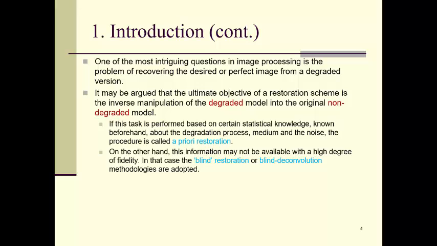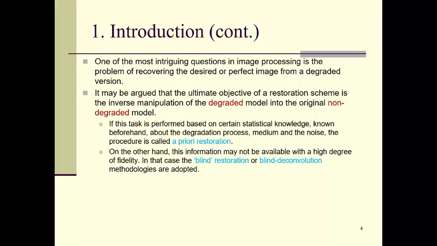So here we say that we need to make some sort of inverse manipulation, okay, which is the deconvolution operation, okay, of the degraded model into the original non-degraded model. So if this task is performed based on certain statistical knowledge known beforehand. What do I mean by statistical knowledge here? If you remember the function, we have said that this function is a function in m and n, and something called theta, which can be considered as a parameter.